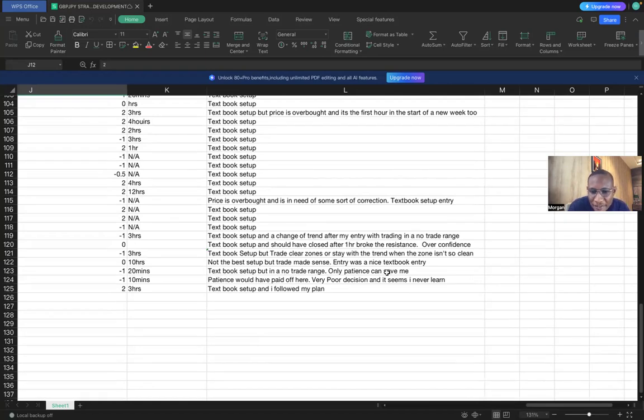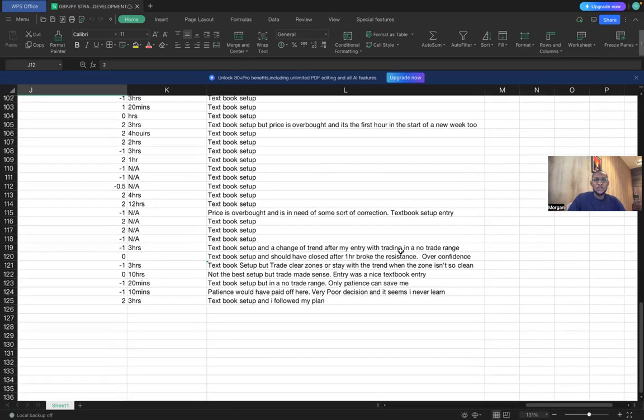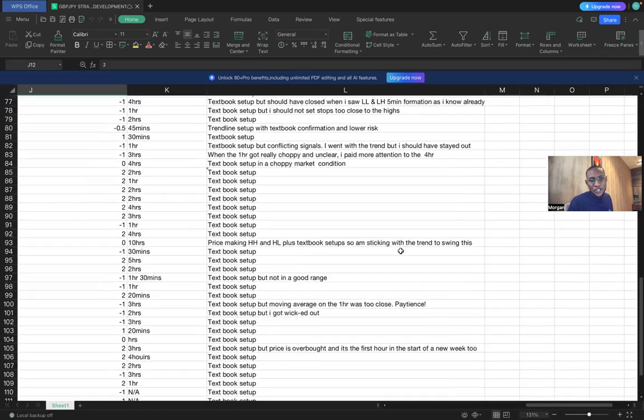Only patience can save me. Patience would have paid off here. Very poor decision, and it seems I never learn. This is me writing these things down with my own handwriting. Textbook setup, but I should have closed after the 1 hour broke the resistance. Overconfidence. It's just me being honest with myself and writing down the reasons why I lost a trade or why I entered a trade.